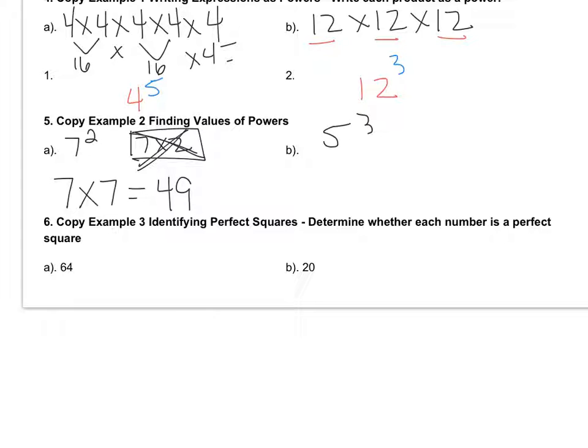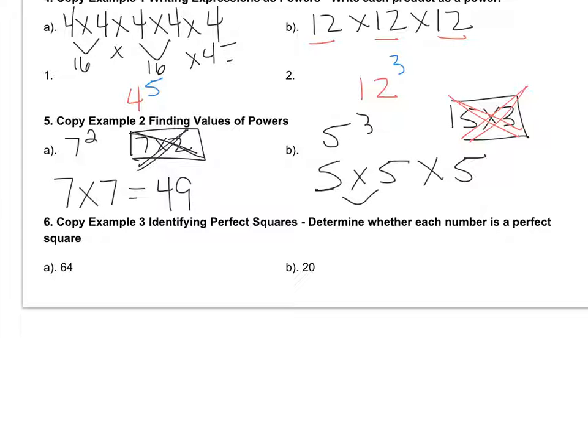Again, it does not mean 5 times 3. No, that's bad. What it means is 5 times 5 times 5. And we know that 5 times 5 is 25, and 25 times 5 equals 125.